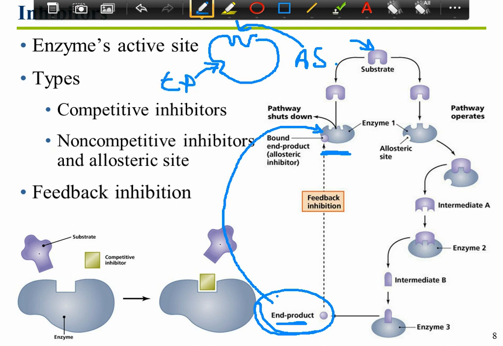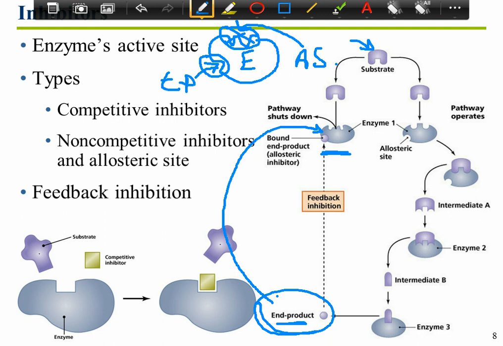So this enzyme can change shapes. When it needs to, this active site is functional, but the end product binding site is not. On the other hand, the end product binding site can be active, but the active site where it binds to the substrate may not.